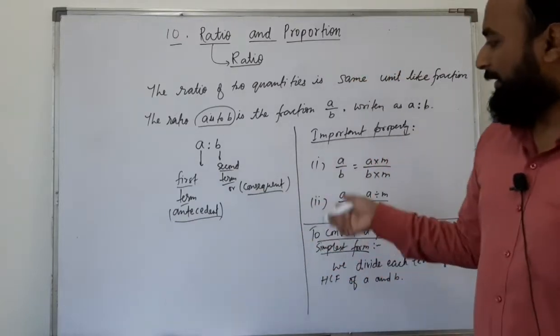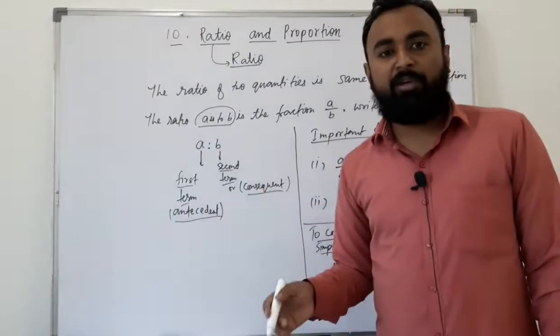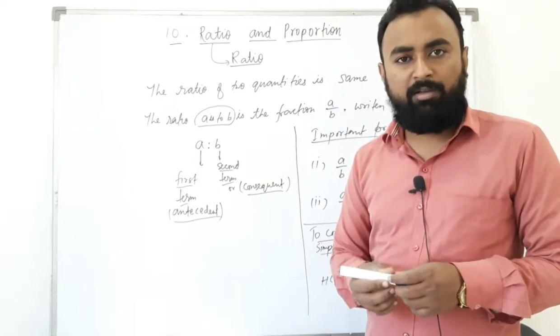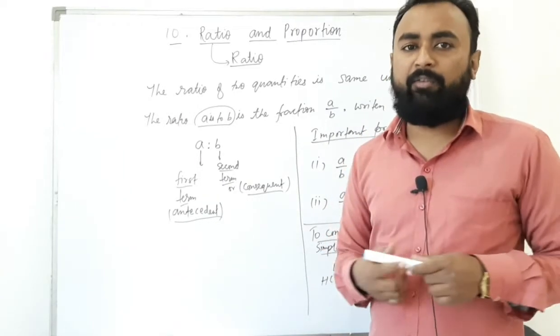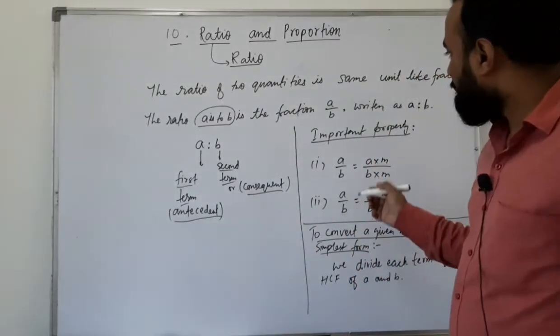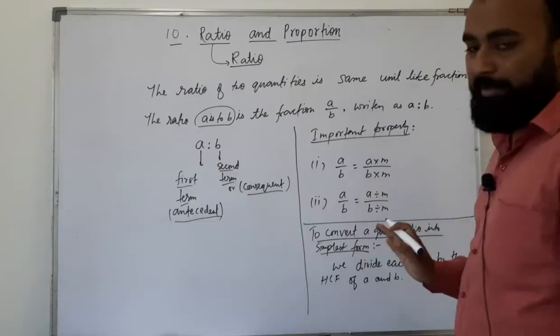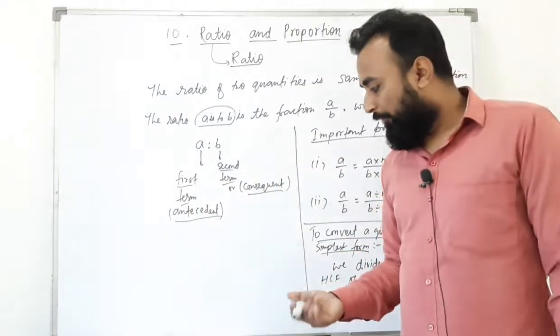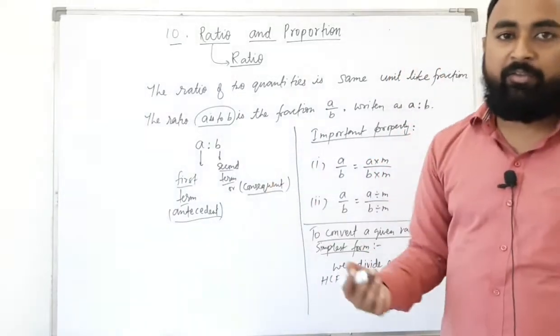In this chapter you have to convert the given data into a ratio, and also solve the word problems given in ratio. So without any further ado, let's start in detail. First, an important property, the same as you learned in your fraction chapter, equivalent fractions.